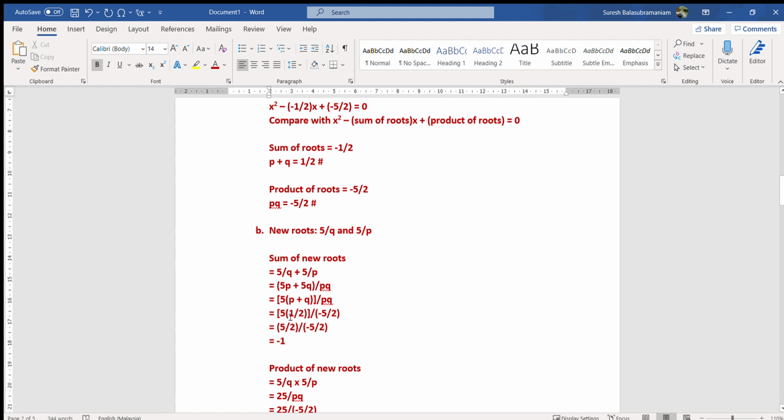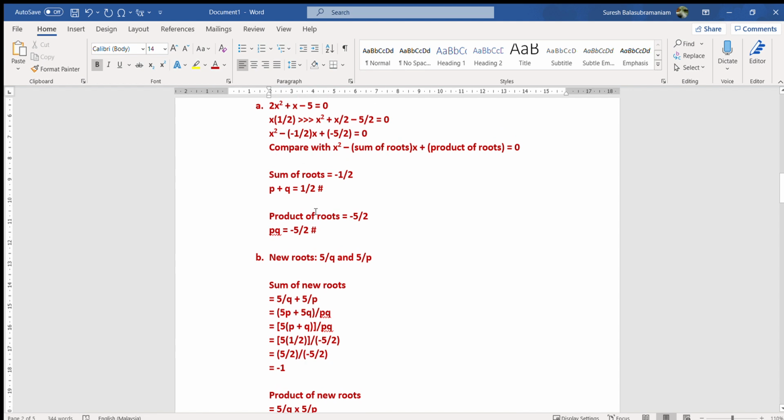Oh no, it is correct. p plus q is 1 over 2 and pq is negative. Oh, I missed the negative sign here. So it is negative and therefore it is positive 1. So sum of new roots is positive 1.